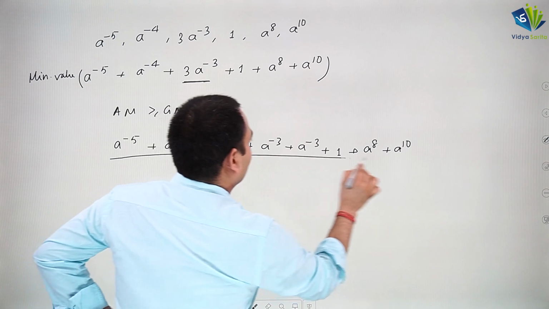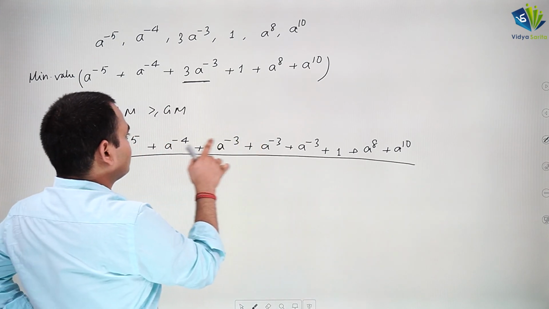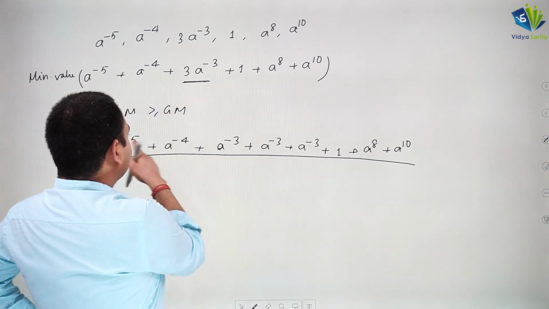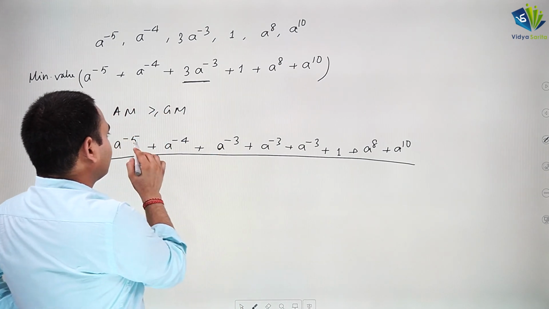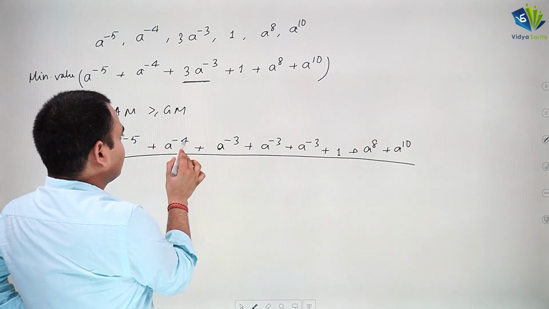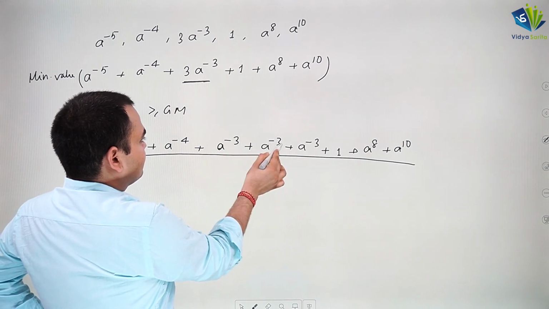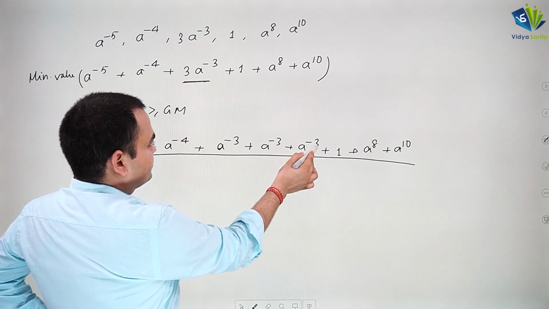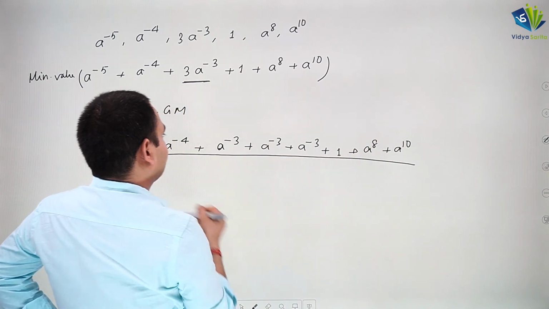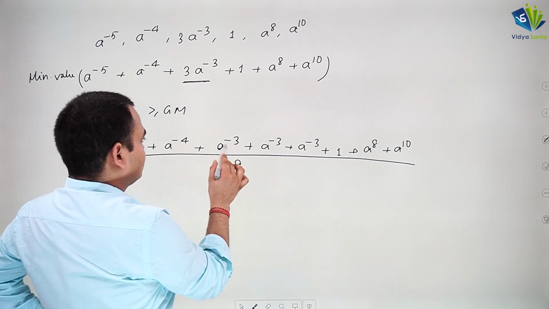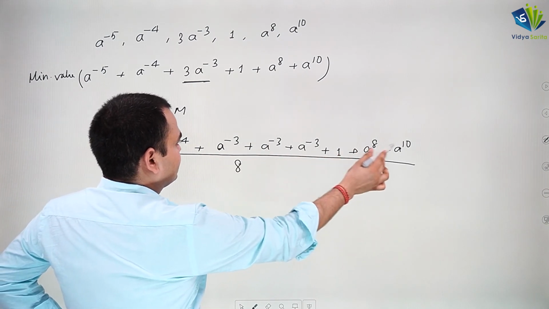Now you see how many quantities are there: 1, 2, 3, 4, 5, 6, 7, 8.